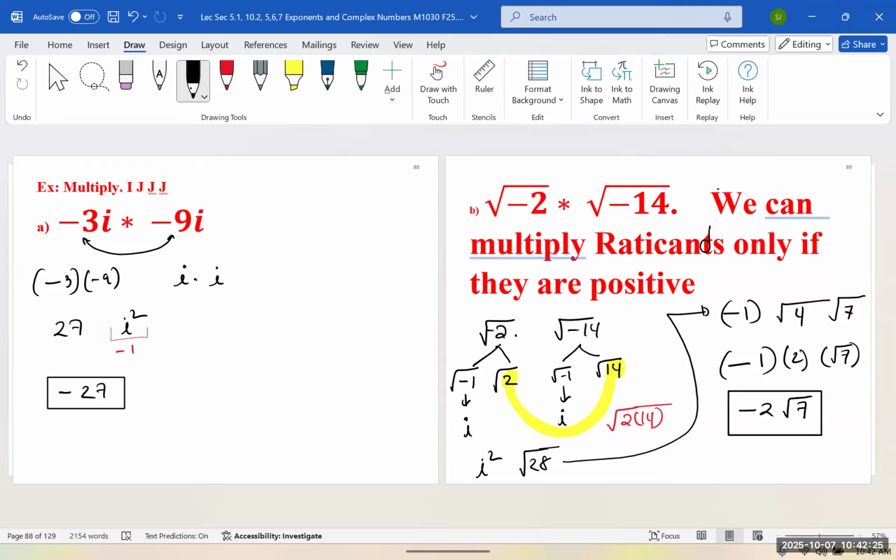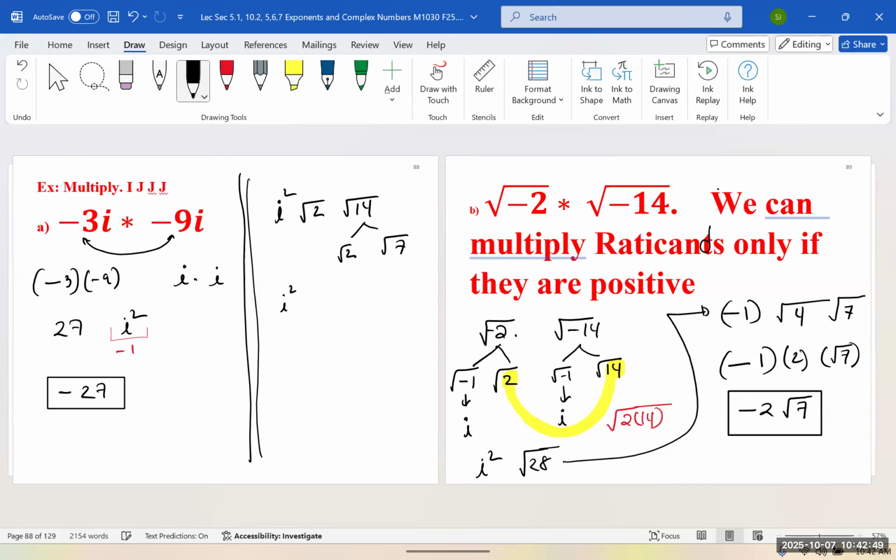But this is not the only way of doing it. It's only one way. There is another way of doing it. For example, here, when you have your i, you have square root of 2 and square root of 14. Break down your 14. You have square root of 2 and square root of 7.